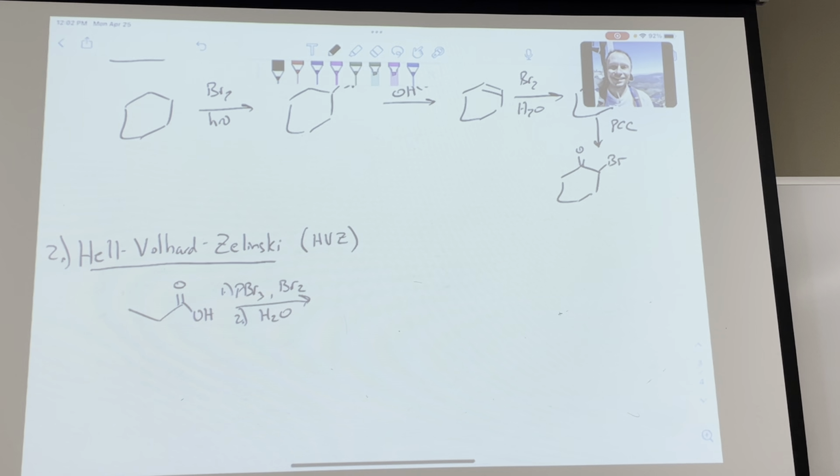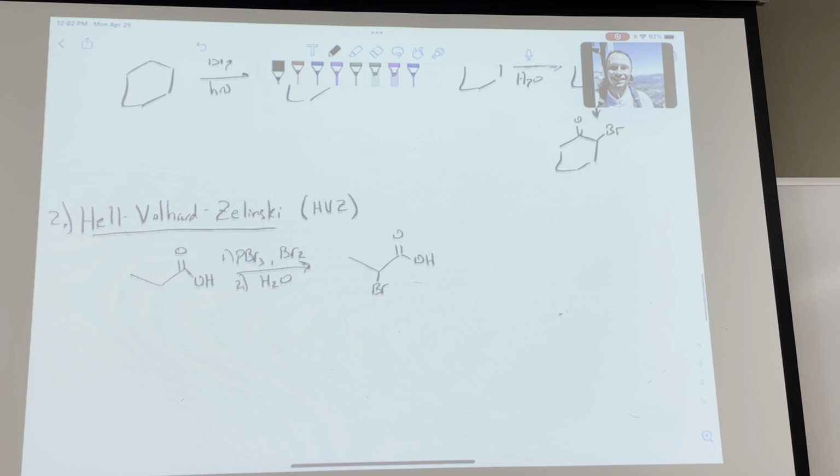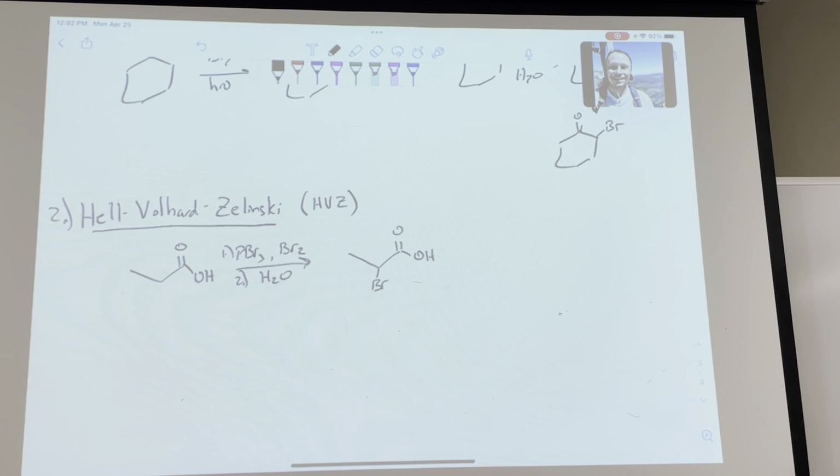And what that does is what I told you you can't do directly. It simply takes the carboxylic acid and puts the halogen in the alpha position of it.